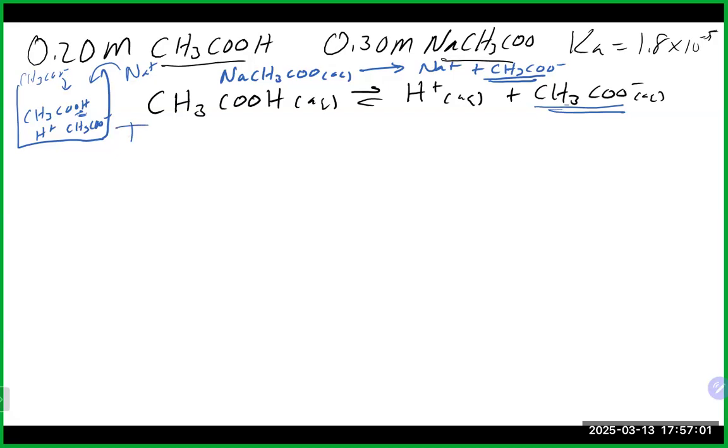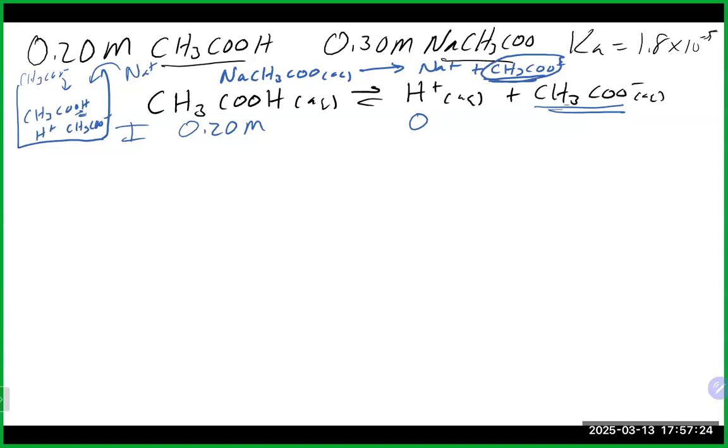Initially, we still have our 0.2 molar acetic acid, just like we did before. We also have 0 in terms of our H plus. Now, what about the acetate? Do we have any acetate to begin with? The answer is yes, and that acetate is coming from the sodium acetate that's in there with it.